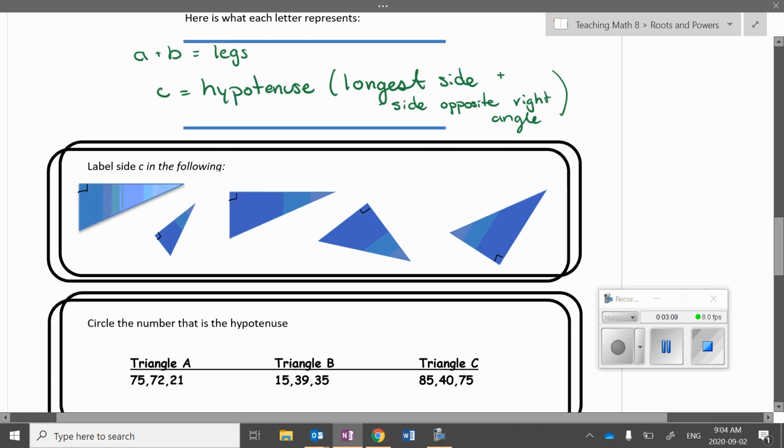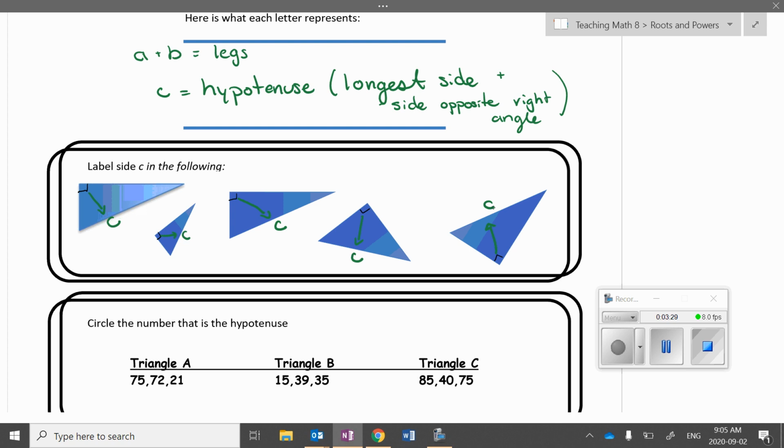So let's go through these examples. Label C. So C is always our hypotenuse. So here's my 90 degrees. That's going to be C. 90 degrees. C. Remember, in math, diagrams are never drawn to scale. We make that assumption always in mathematics.